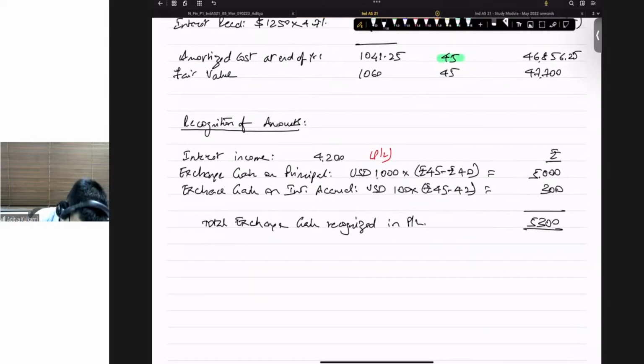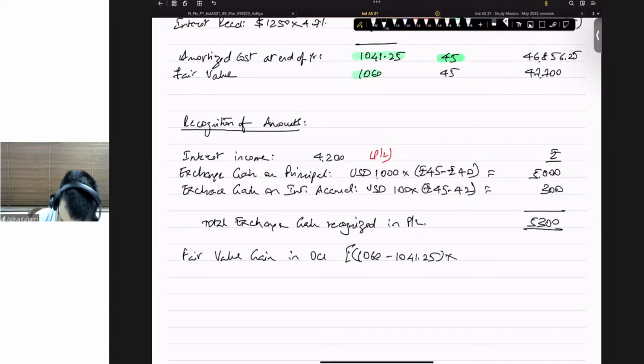All right. Then fair value gain in OCI. 1060 minus 1041.25, into rupees 45.